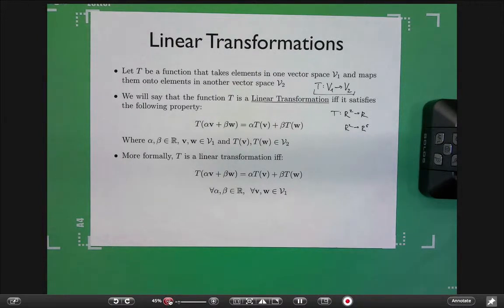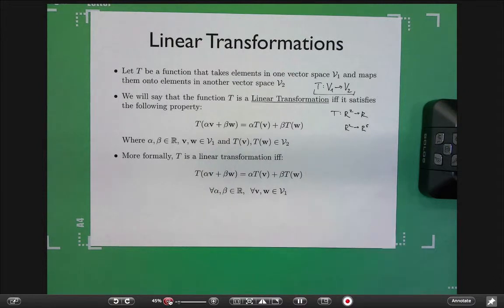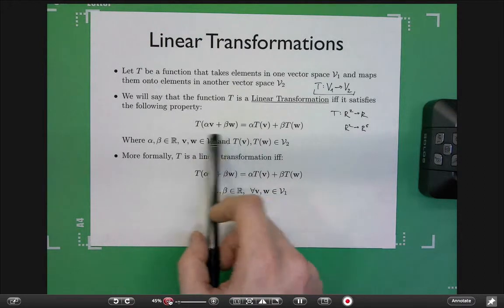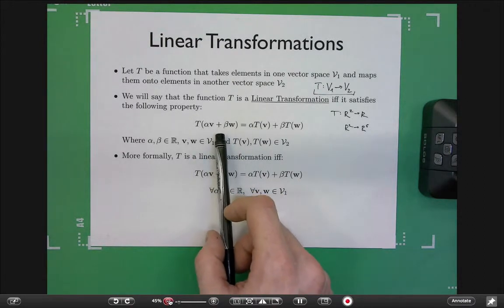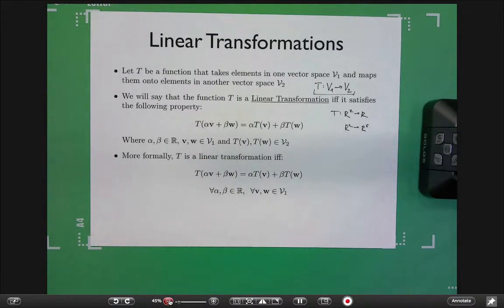You can see the beauty of algebra, because it's telling you some sort of symmetry. Think about it: it really doesn't matter if you first do the linear combination and then the transformation, or first the transformation and then the linear combination. Either way, you get to the same result.